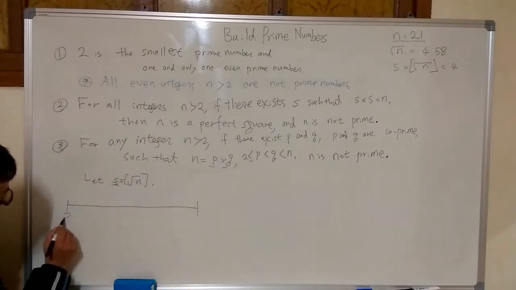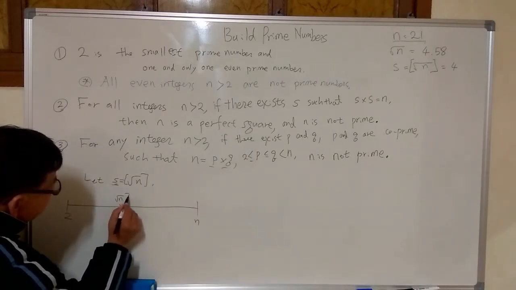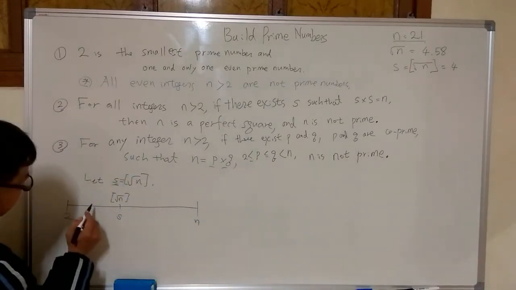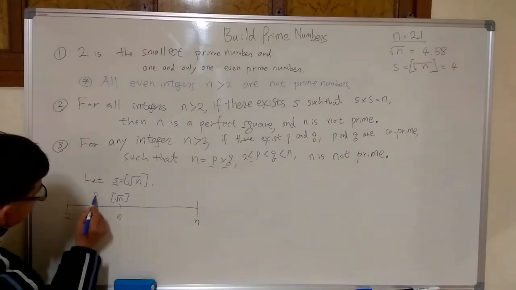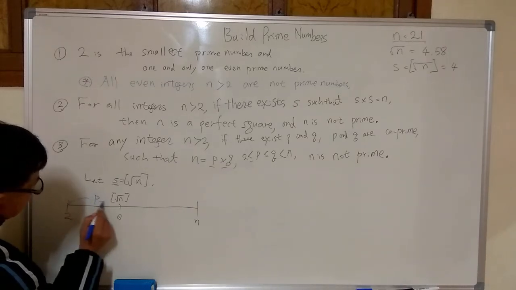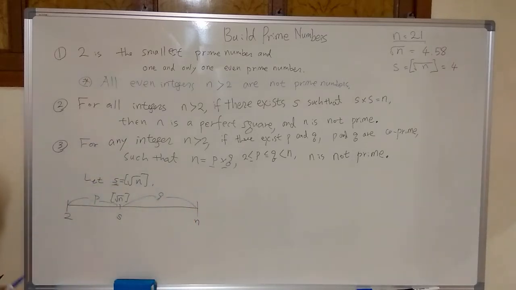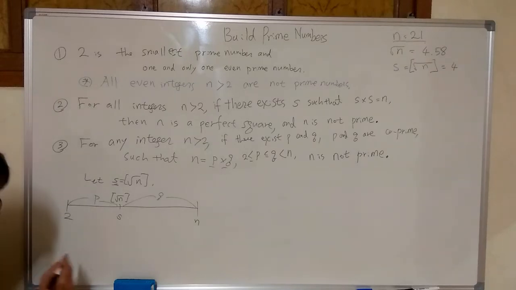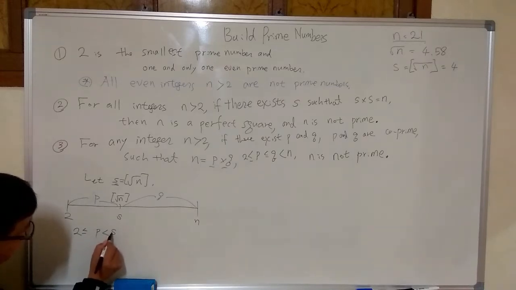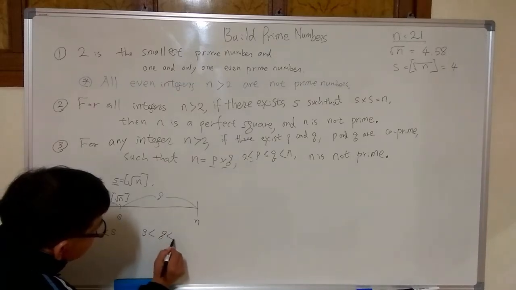Here 2, S, N. Since P is smaller than Q, P is in this range and Q is in this range. If we denote it as an inequality, then P's range becomes 2 to S. Q's range is S to N.